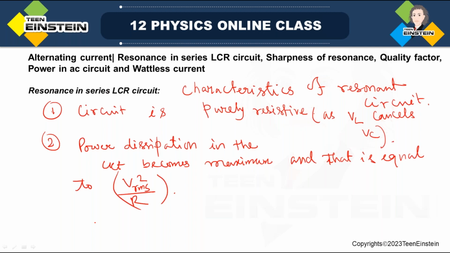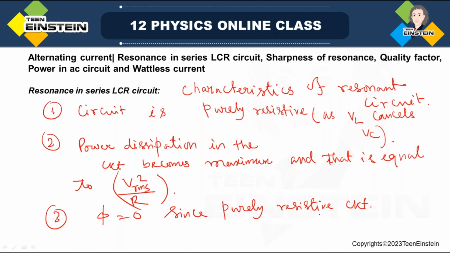In the case of resonance, since it is a purely resistive circuit, the phase difference between current and voltage becomes zero. So the power factor, which is cos phi, becomes equal to 1.